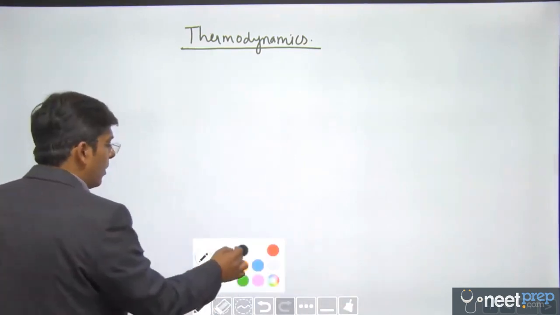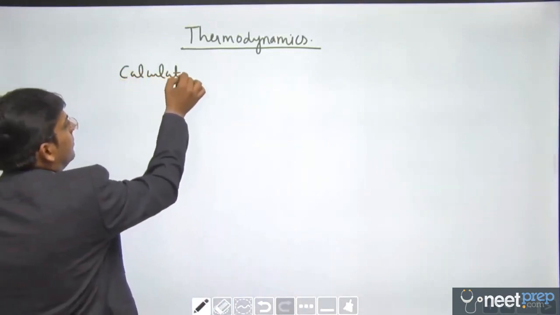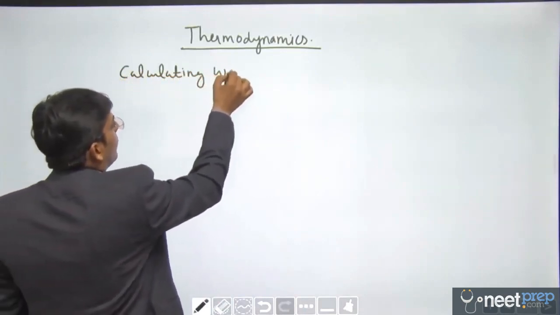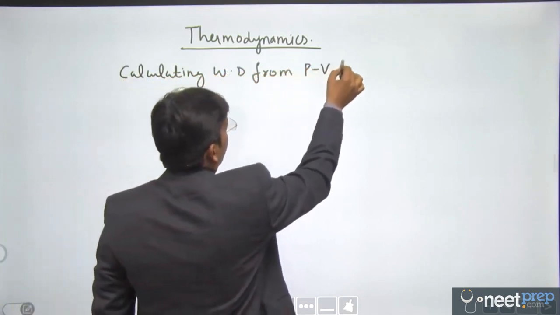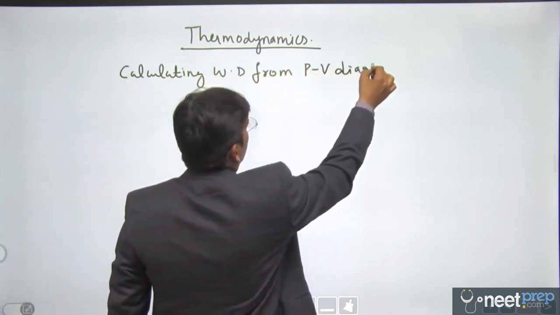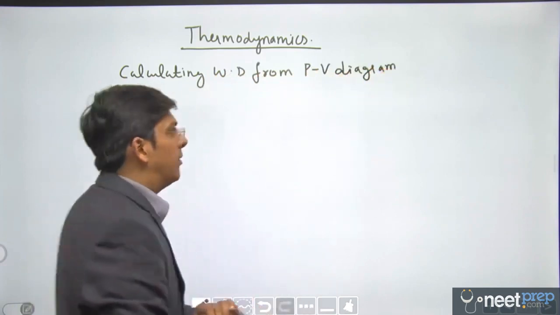So dear students, let us now do the next topic, calculating work done from the P versus V diagram. The area bounded by the PV diagram is going to give the work done.